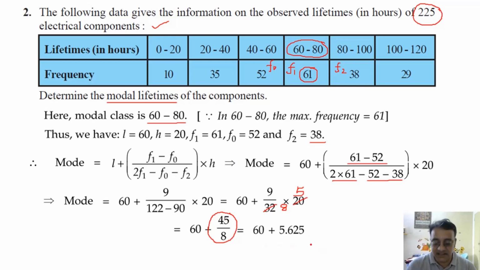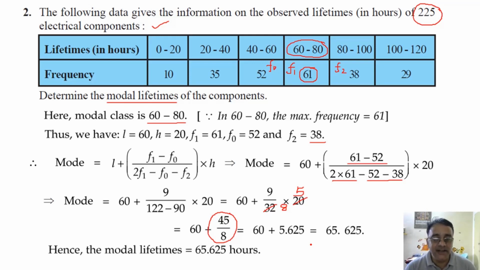So the final answer is 65.625. Hence the modal lifetime is equal to 65.625 hours. If you round up, you can write 65.63 hours. Any doubt?